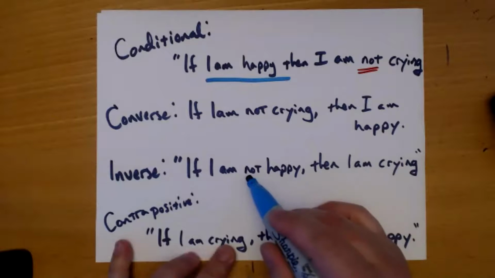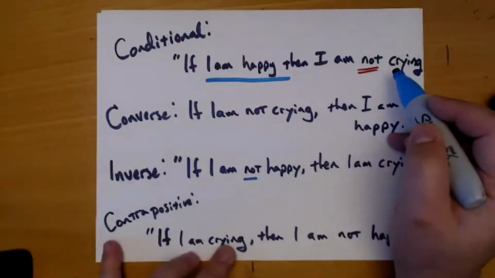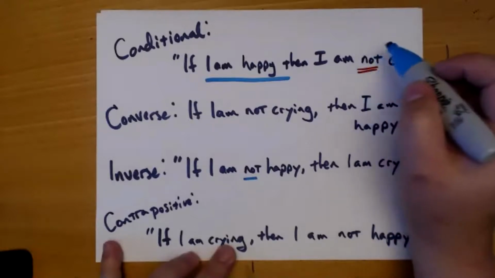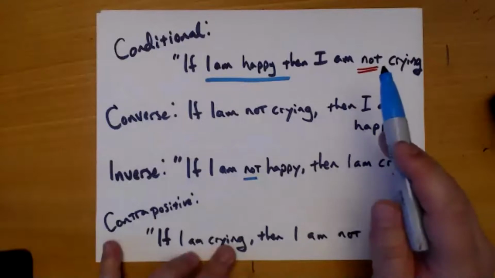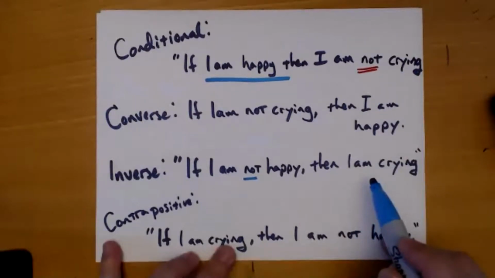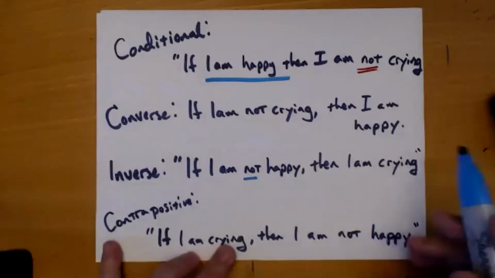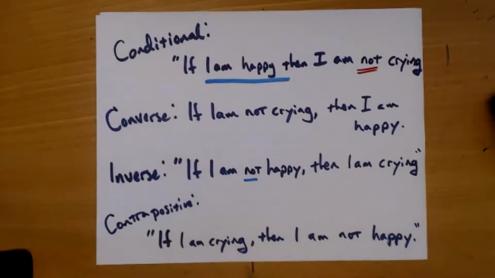So that's why we had the not in that one. This one was already negative. So when we negated a negative, you make a positive. Remember, that's the double negative part, right? Yeah, exactly. Good.